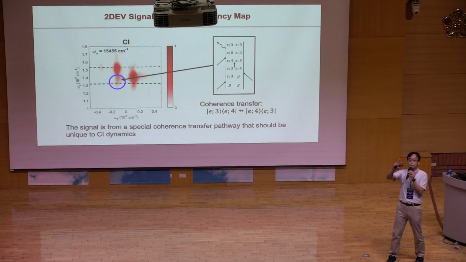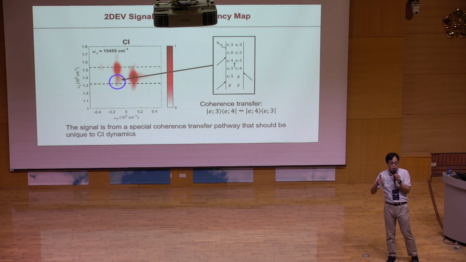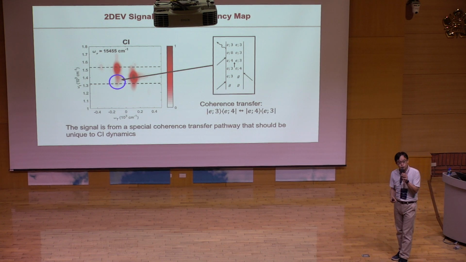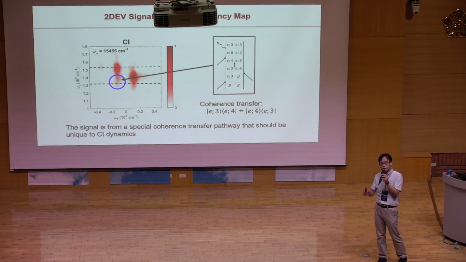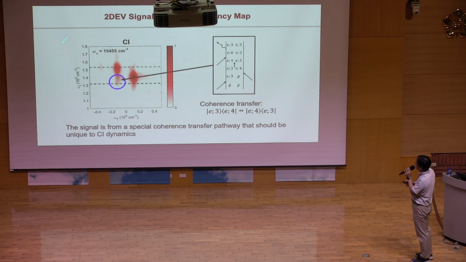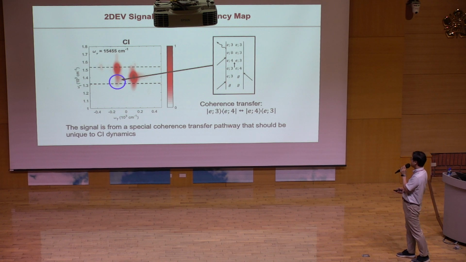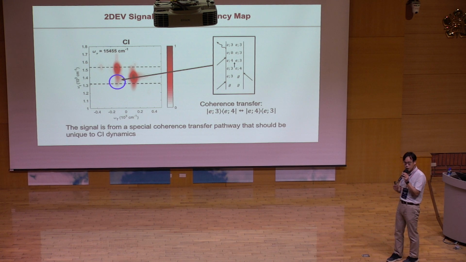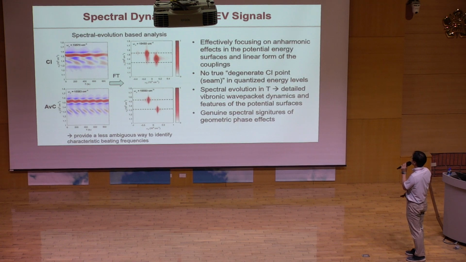So it's a complex conjugate inversion of the coherence signal. This kind of coherence transfer should be a signature of a Berry phase. This inverse pi phase effect can be observed using two-dimensional electronic vibrational signal analysis. This is the way we propose people should do experiments to specifically look into the Berry phase effect in conical intersection systems.